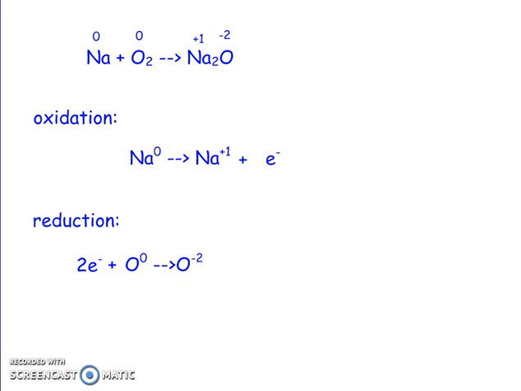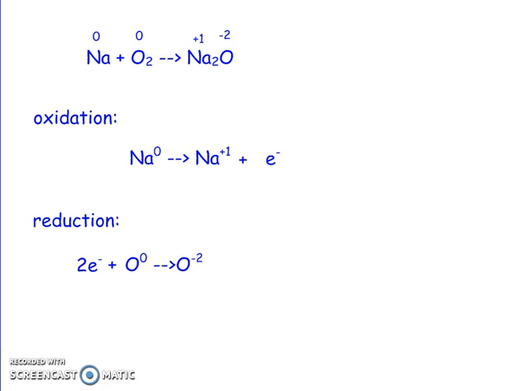So when we're looking at a reaction, in order to write the half reactions, we need to know what the charges are in the reactant side and the product side. If the electrons are being gained, meaning the charge is going to go down because I'm gaining negative charges, it's going to be reduction. If the charge is going up, then I must have lost those negative electrons, which is the definition of oxidation.